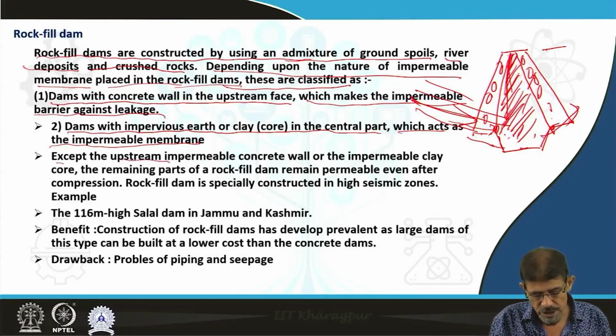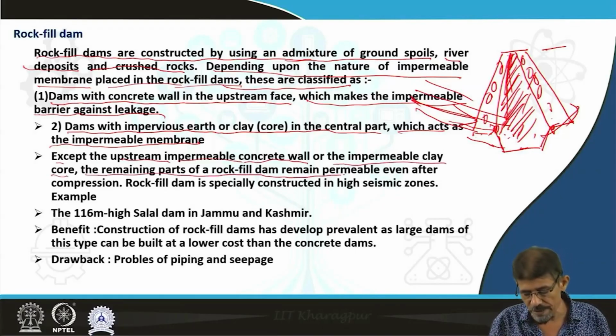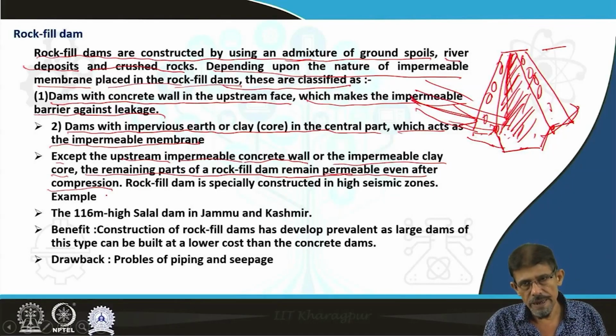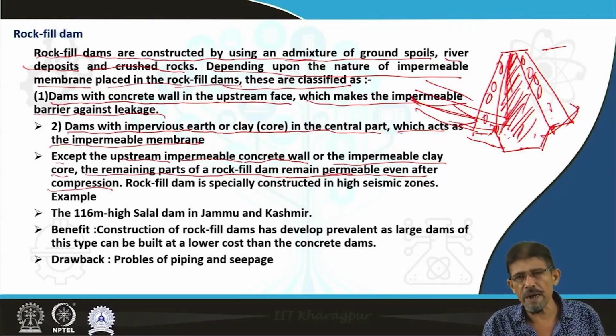Except for the upstream impermeable concrete wall or the impermeable clay core, the remaining parts of a rock fill dam remain permeable even after compaction. No treatment, repair or maintenance can make this outer shell or inner shell impermeable. It is always permeable or semi-permeable.